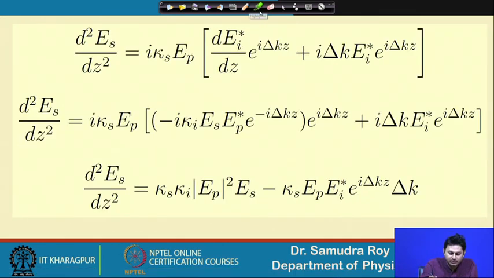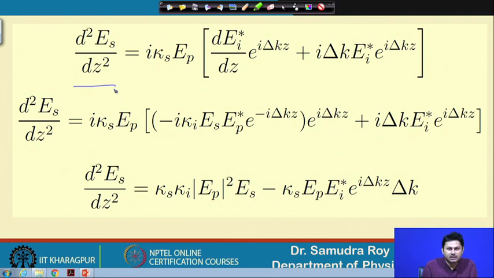So, we will take a derivative of this term. When we do, I will have this term i kappa s, E p constant, so it will not affect anything. Next is the derivative of this quantity, e to the power i k z, and then the derivative of i k z.